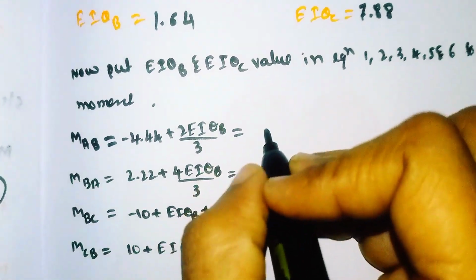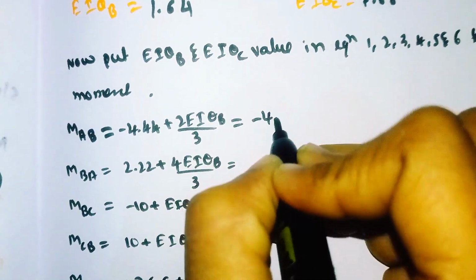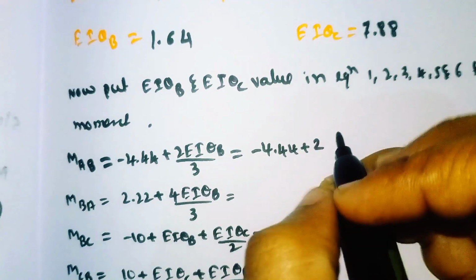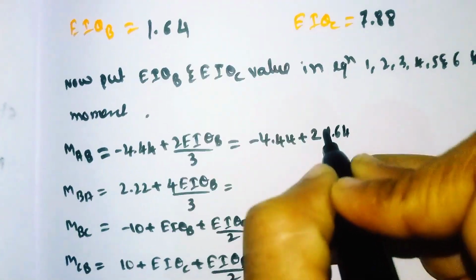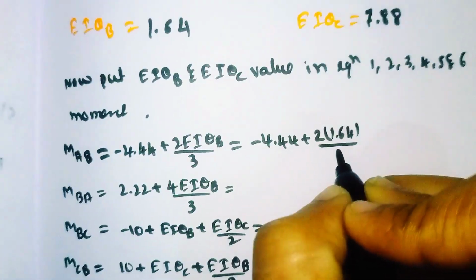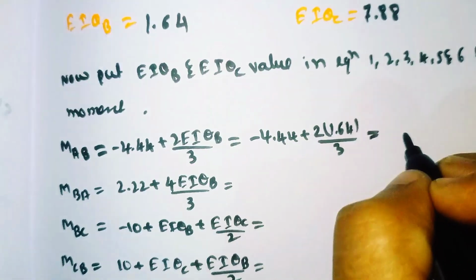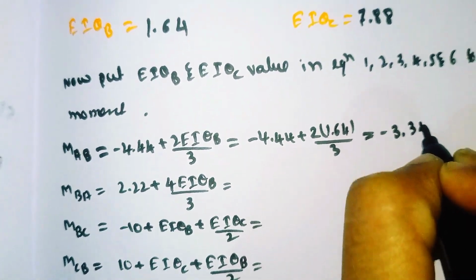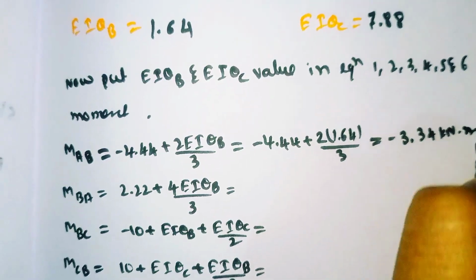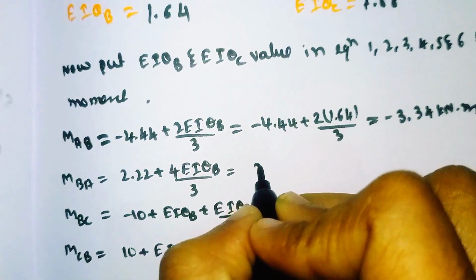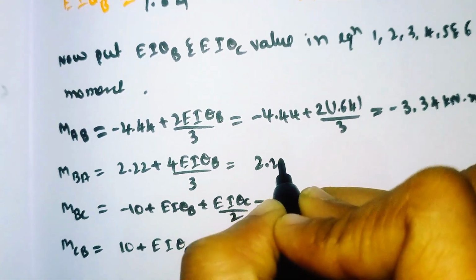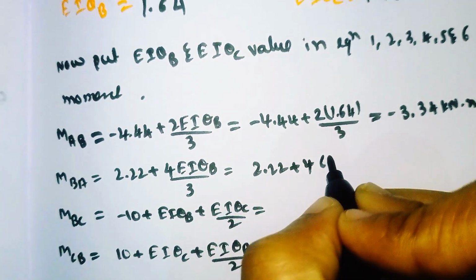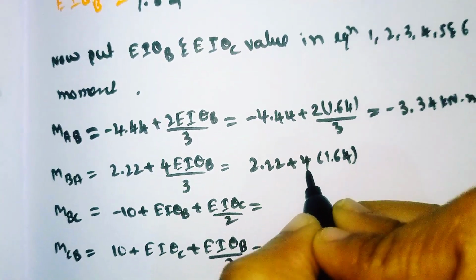For MAB, we have the equation minus 4.44 plus 2 into EI theta B value, which we got was 1.64, divided by 3. Simplifying, it will come out as minus 3.34 kilonewton meter. For BA, 2.22 plus 4 into EI theta B value 1.64 divided by 3.